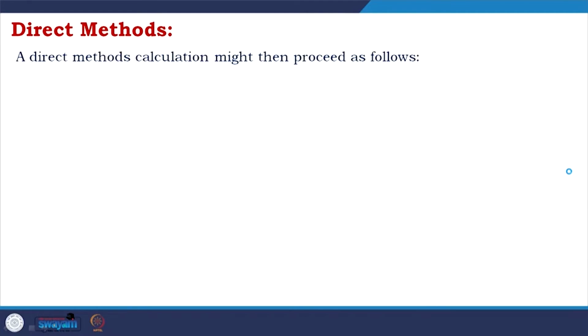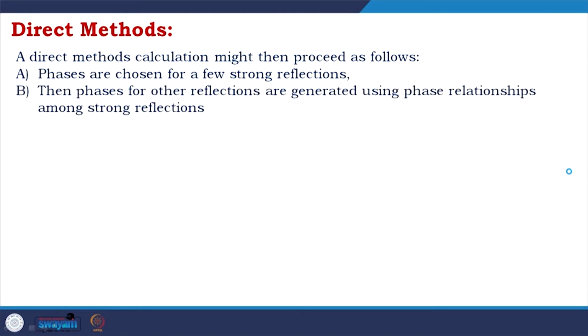A direct method calculation might then proceed as follows: first, phases are chosen for a few strong reflections because they are easy to get. Then phases for other reflections are generated using phase relationships, the mathematical relationships among strong reflections.